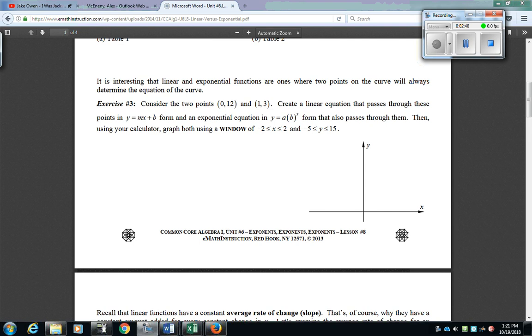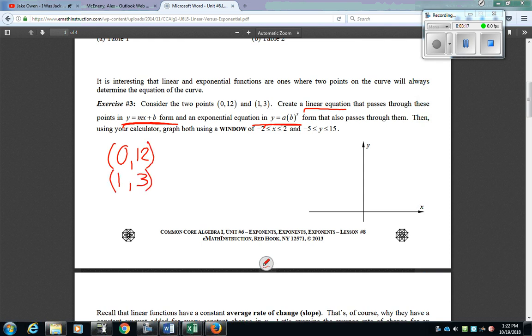Now we're going to look at exercise 3, and they want us to create a linear equation that passes through the points in our y equals mx plus b form, and they want us to do an exponential equation that passes through those points. So we're going to go ahead and first start with the linear. So I want to figure my rate of change.